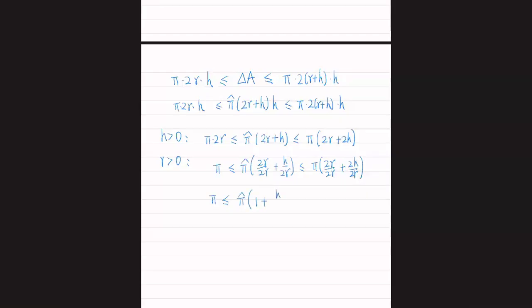One plus H over 2R. Now we are getting very close to what we want. So here the point is that our increment H can be arbitrarily small. Okay, this may be a little bit of ambiguity over there, but the point is H, even though it's positive, can be very small.